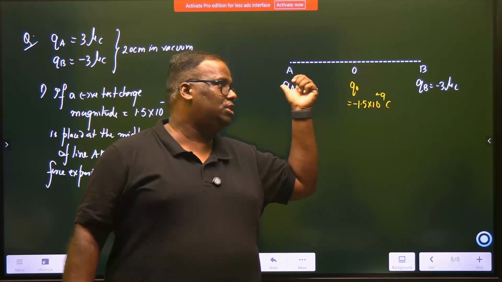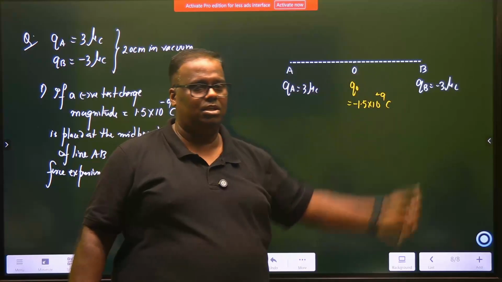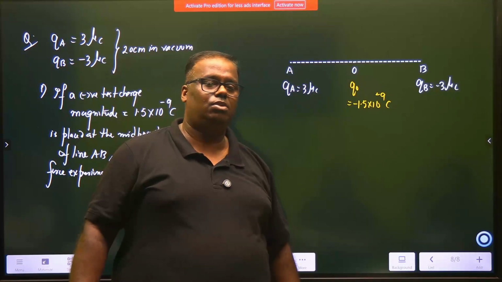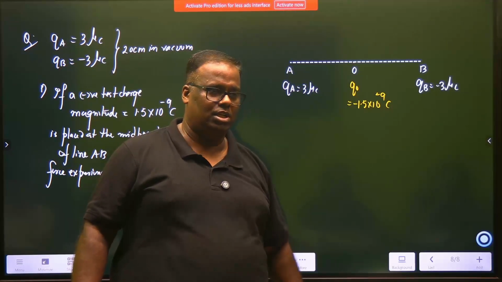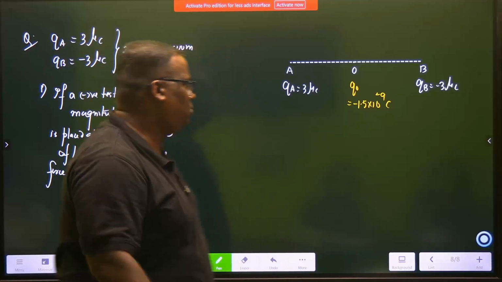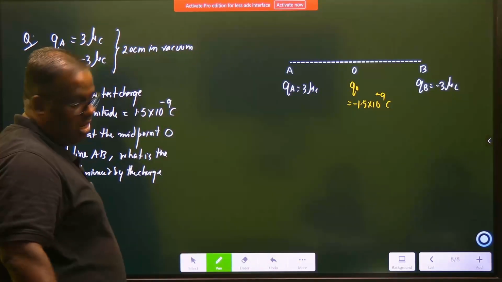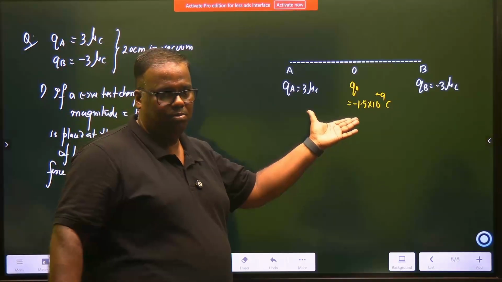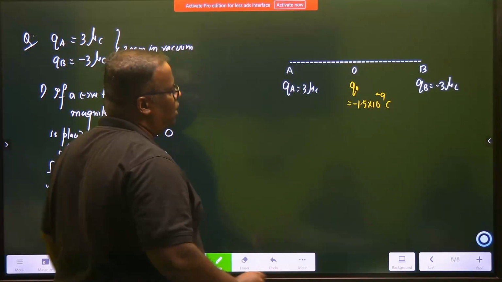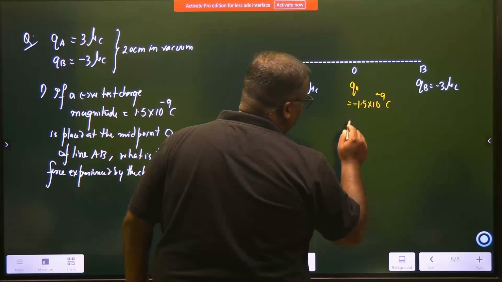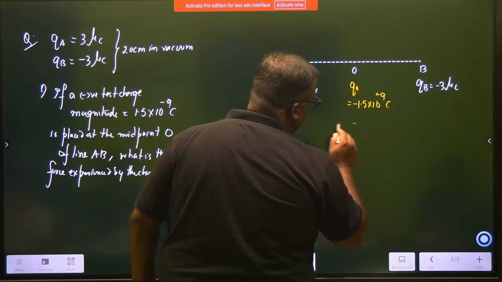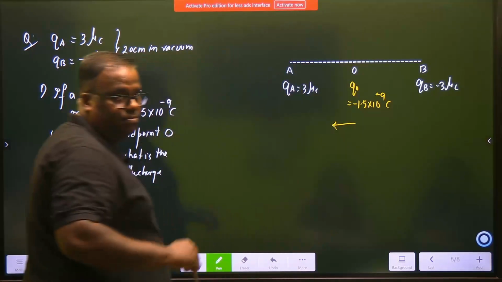You are experiencing a force due to this and this. So you will calculate both the forces first and then you will see. Now let's put some values. This is 3 microcoulomb positive and this is 3 microcoulomb negative. So definitely there will be a force of attraction in this direction.